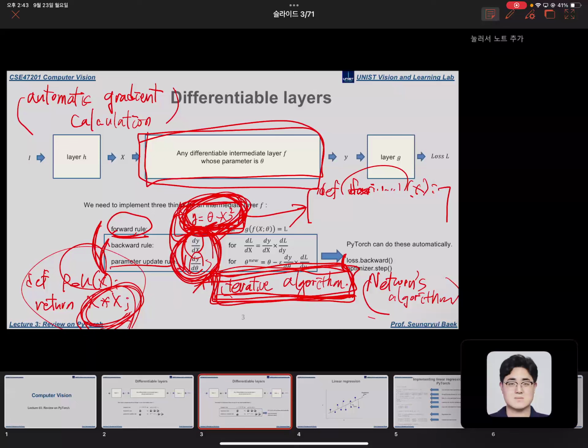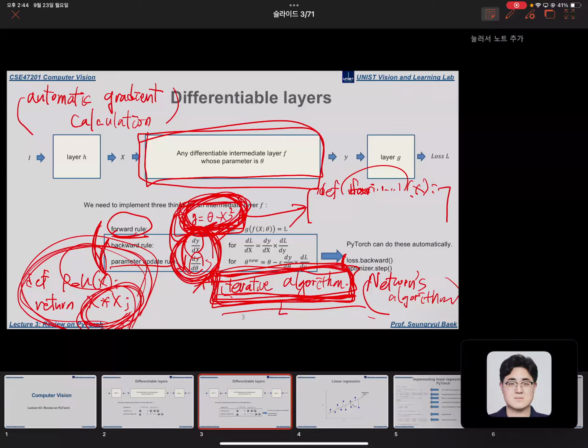Are you following this? If you calculate your gradient by hand and implement that with manual effort, then this parameter update rule and the backward rule always change. But if you use this kind of iterative algorithm to calculate the gradient, then this algorithm doesn't change.